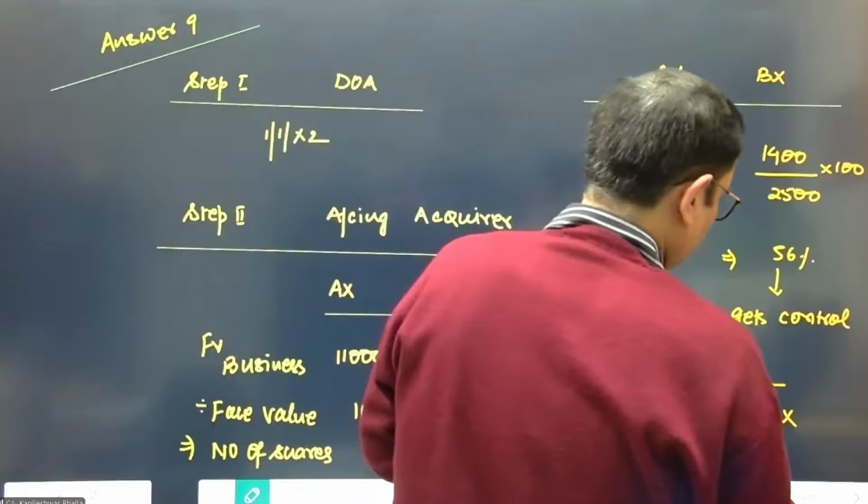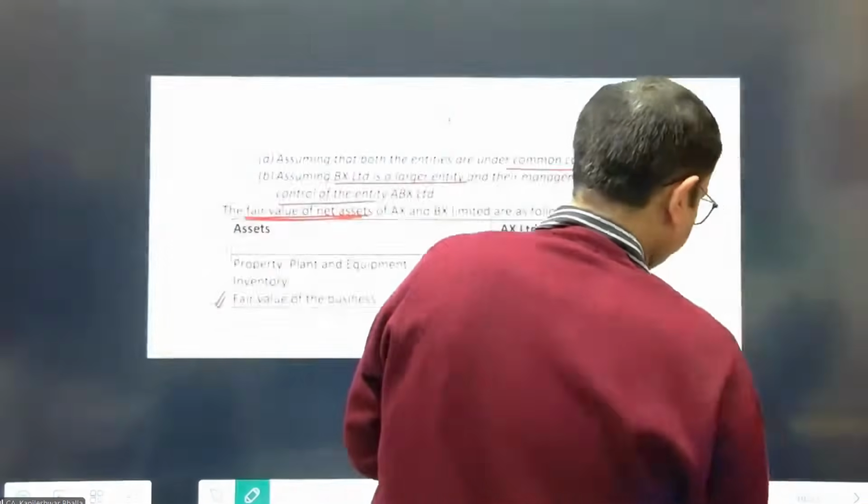Now let's go to step number 3. In terms of step number 3, we need to get the list of net assets. We're not given any tax rate, so step number 3A in terms of deferred tax is not applicable. So I'm just directly going to the list of net assets.